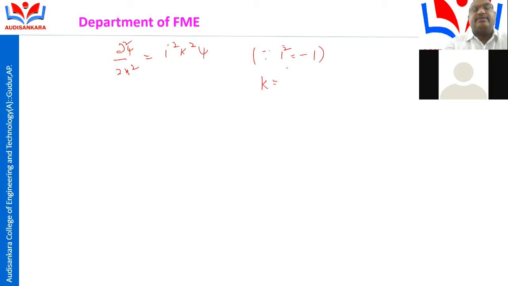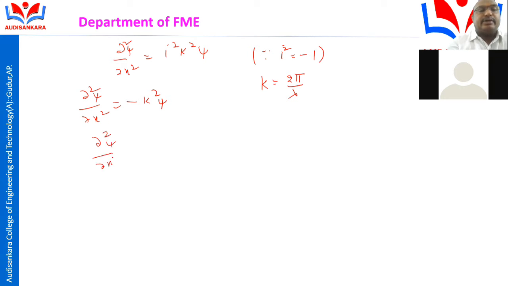Then k is called the wave number, 2 pi by lambda. So dou square psi by dou x square is equal to minus k square psi, substituting minus 1 for i square. My dear students, transferring the negative term from LHS to RHS, dou square psi by dou x square plus k square psi is equal to 0.